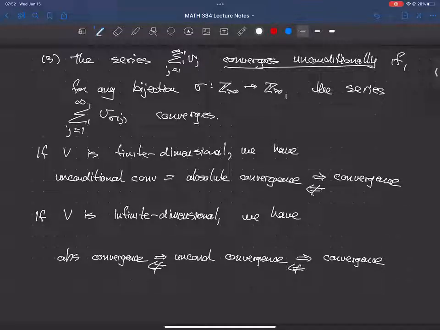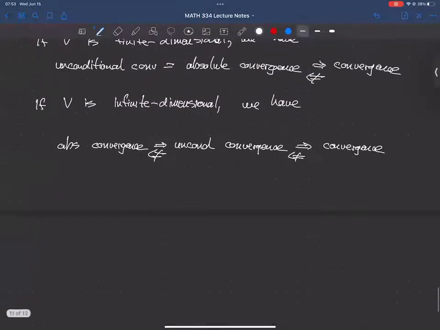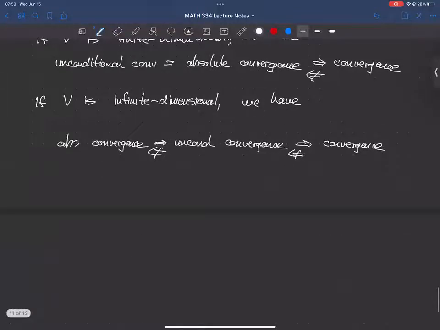Okay, and so one of the conclusions of this is that unconditional and absolute convergence agree if and only if V is finite dimensional. Okay, so that's not an easy statement, and the assertion of this is due to Dvoretsky and Rogers.